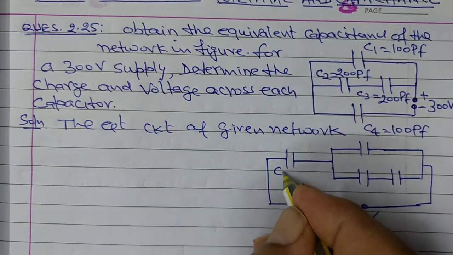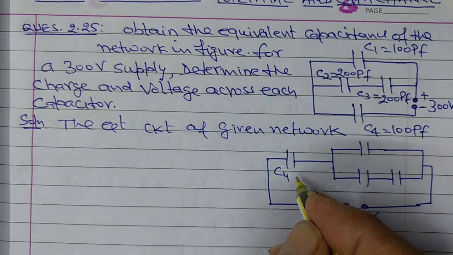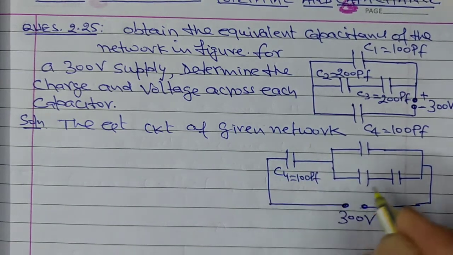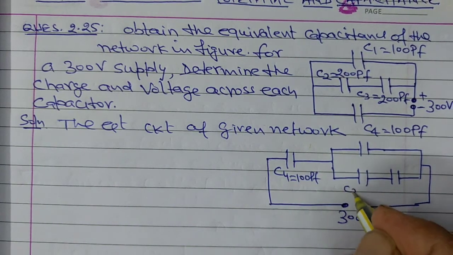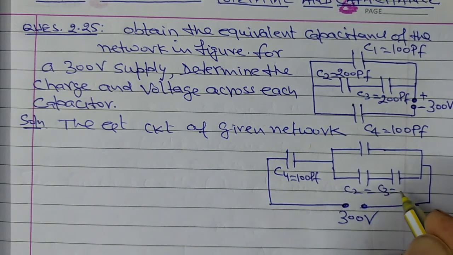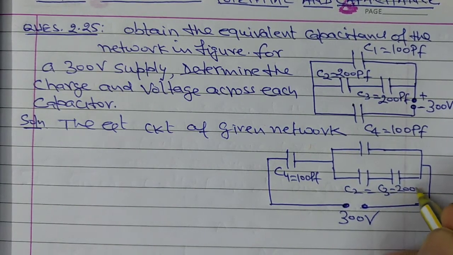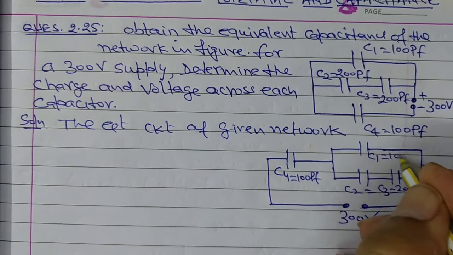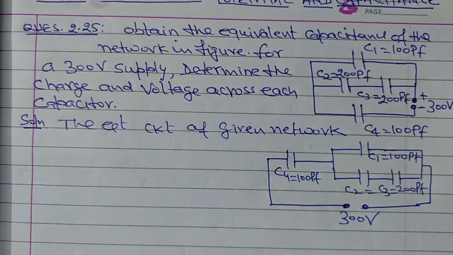This here C4 is equal to 100 picofarad. This C2 is equal to C3 is equal to 200 picofarad, and here this C1 is equal to 100 picofarad.